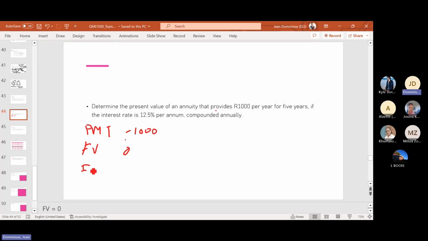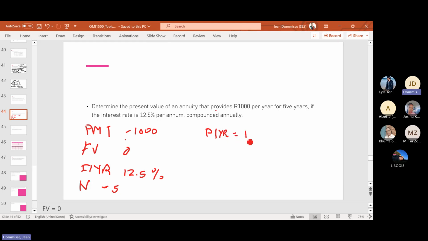Then your interest rate that you will put in will be the 12.5%, and the last one is your N, that will be 5. Normally your calculator, and again, just check there's a payments per year.